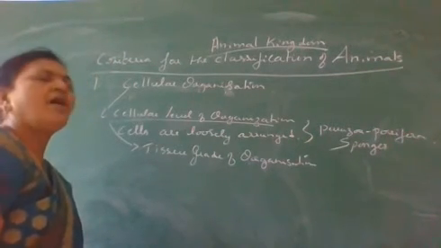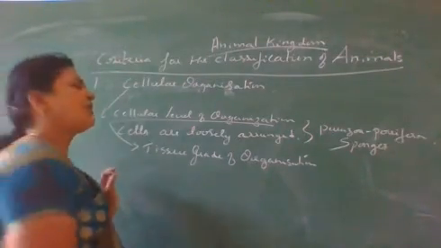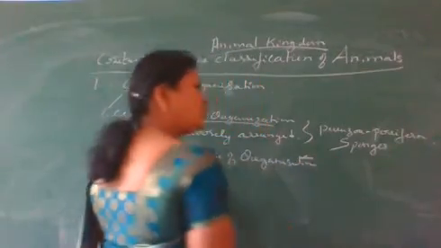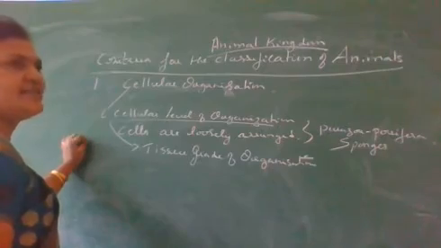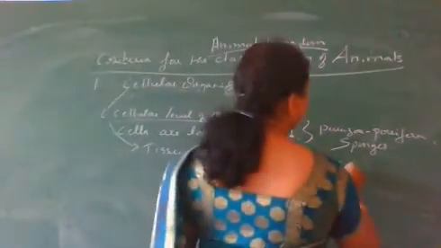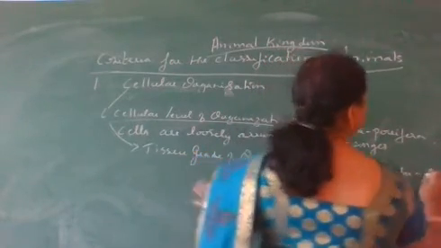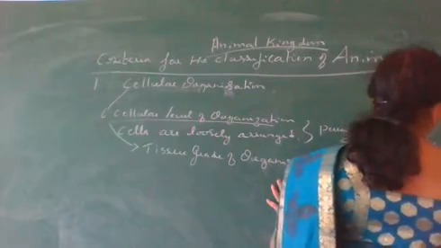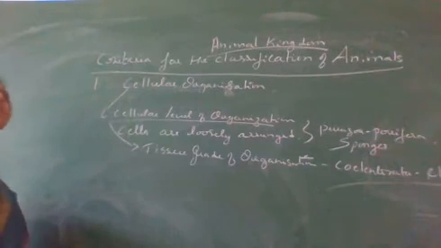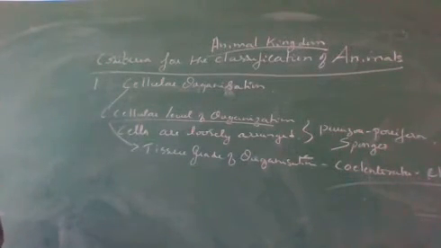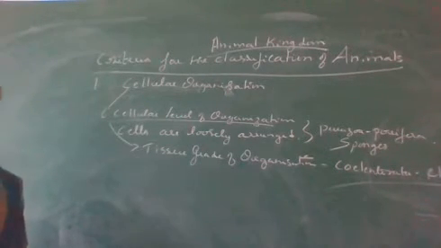So animals usually exhibiting what? Tissue grade of organization. Which are the metazoans that come under tissue grade of organization? That is nothing but coelenterates as well as ctenophorans, which show tissue grade of organization of the body.